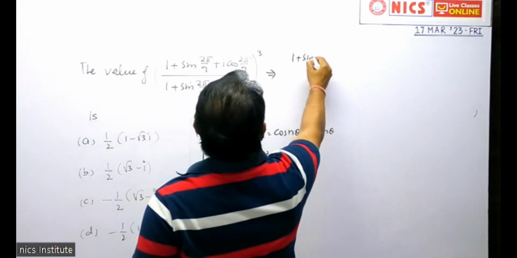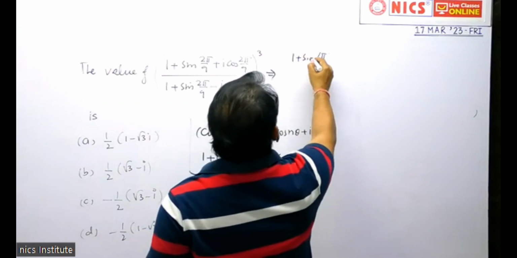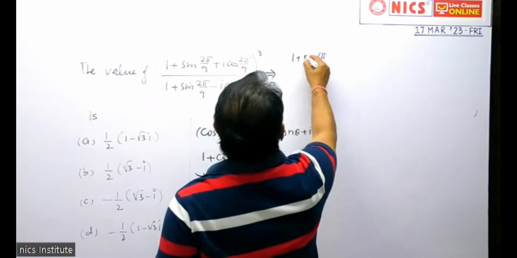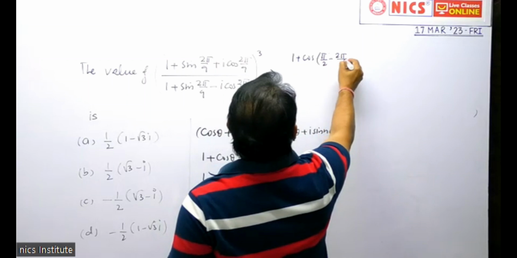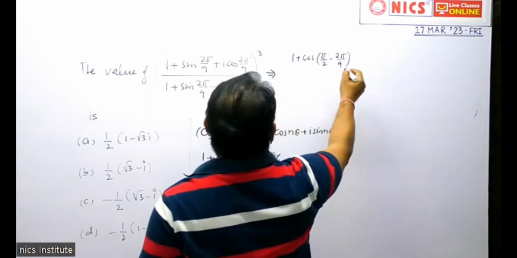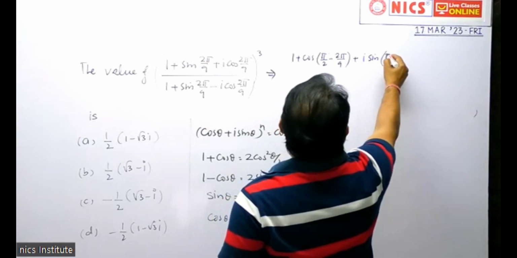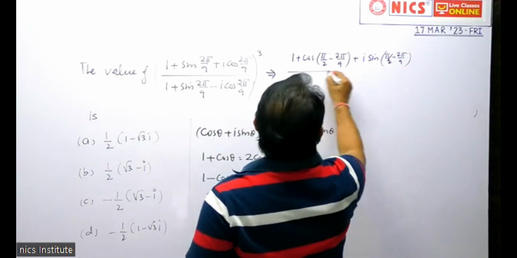Do 1 plus sine, can write as cos of (90 minus 2 pi by 9). I convert sine into cos so that you can use half angle formula. Similarly, this you can convert into sine.